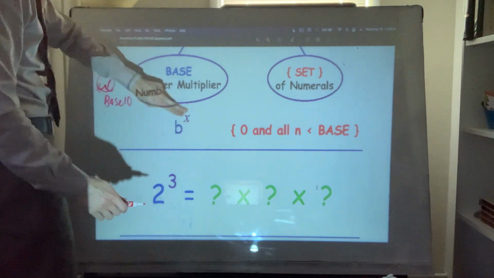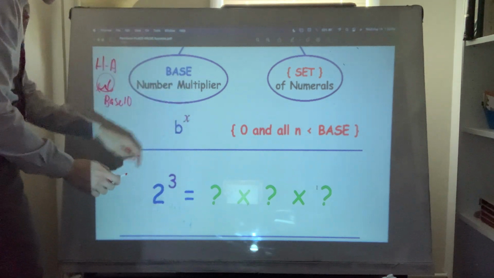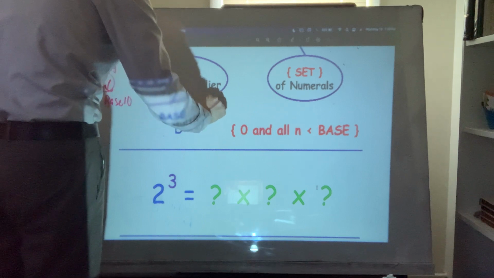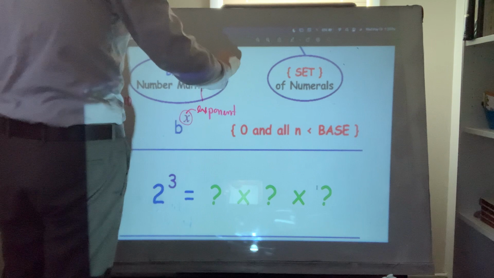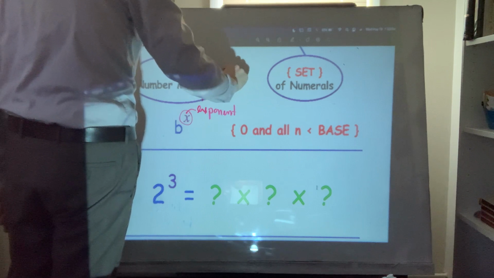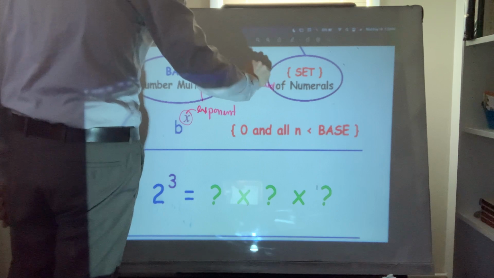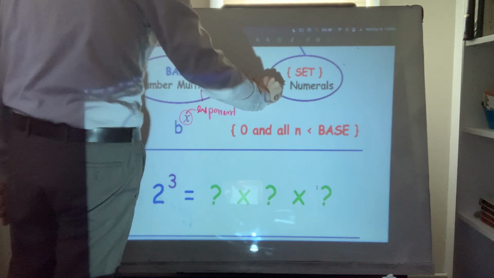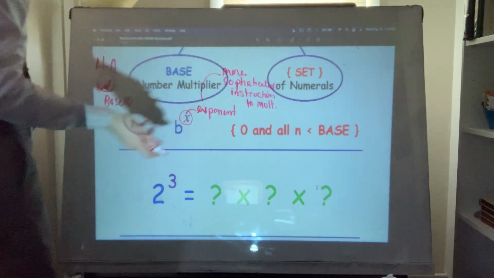Beware of a couple of things if you feel a little sketchy about exponents to begin with. This particular portion of it is the exponent. And the exponent is basically a more sophisticated instruction to multiply. More sophisticated than what is usual.